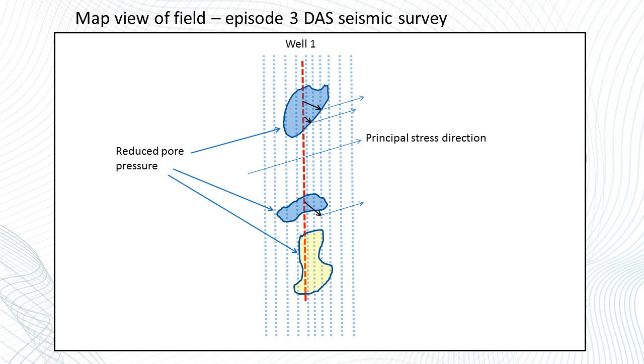So the concept here for using this technology as a reservoir management tool is shown here as a sketch of an oil field looking down onto the trace of a horizontal wellbore, where the red dash, once again, is the wellbore position projected onto the surface. And in this case, we show little blue dots as seismic source points, for example, if we were doing a 3D DAS seismic survey.